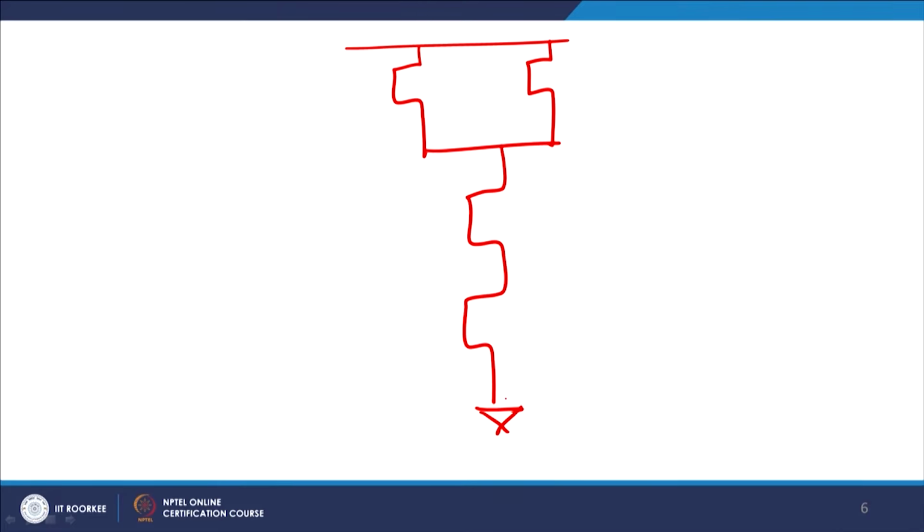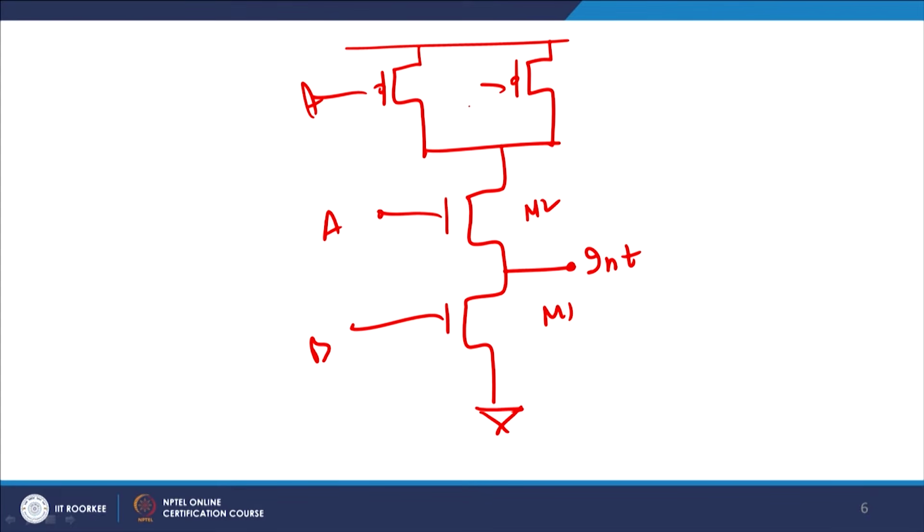Let me explain in that sense. I have again a simple inverter pair here, and this is grounded. So, this is A, and this is M2, let us suppose, and I have an internal node here, INT, let me name it, and I have M1 here, and this is B, and of course this is A, and of course this is B, right.